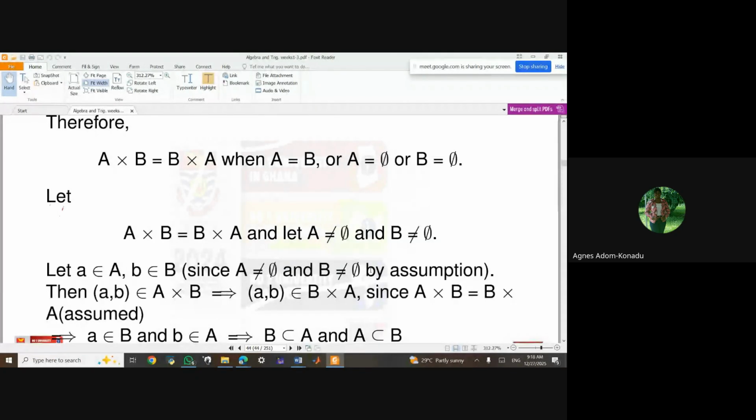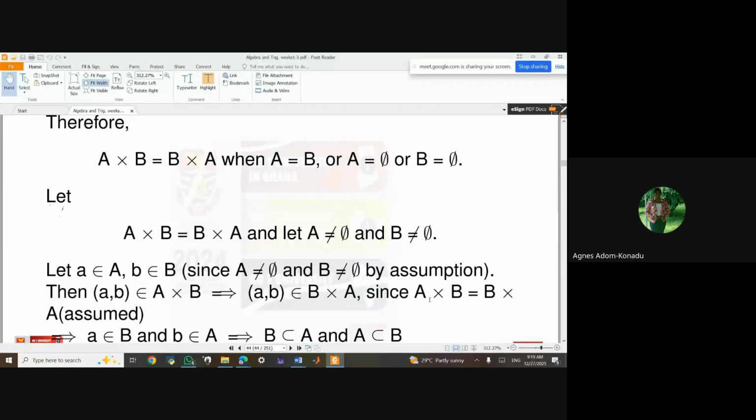Since both of them are not empty, A cross B will give me (a, b). So I am going to obtain (a, b) in A cross B. But I'm saying A cross B is equal to B cross A. So if A cross B is having (a, b), then I should have (a, b) in B cross A too.